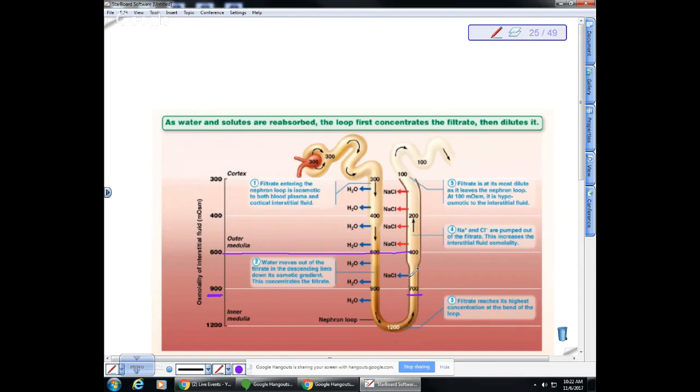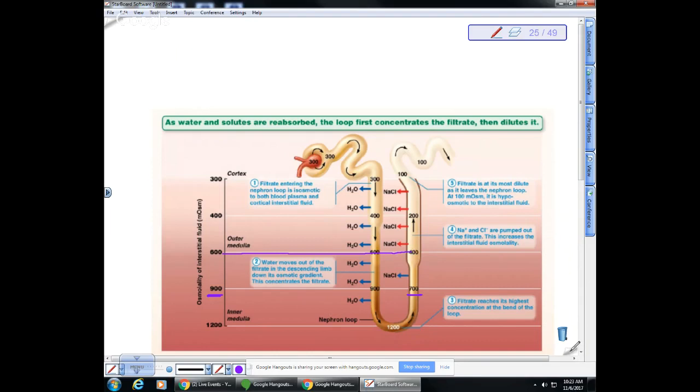Let me think about this for a second. If salt is at a higher concentration outside, it's not going to want to move. So yes, it is moving against its concentration gradient, because it is a lower concentration inside and a higher concentration outside.